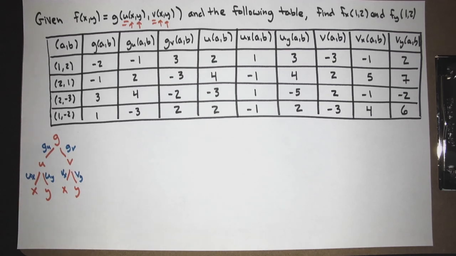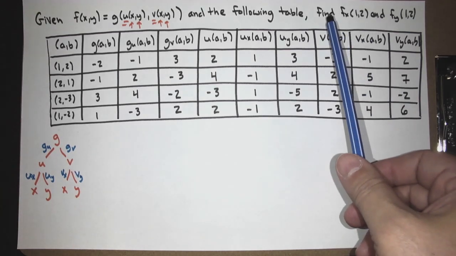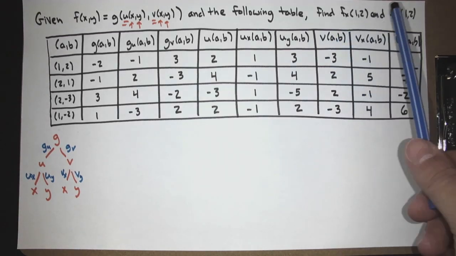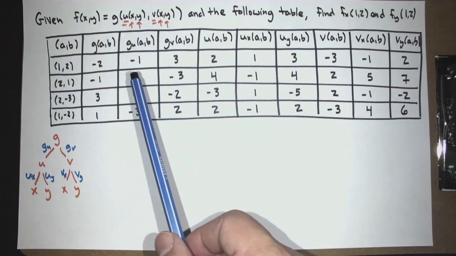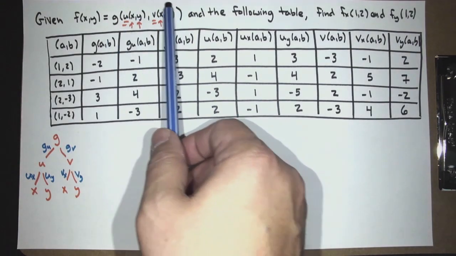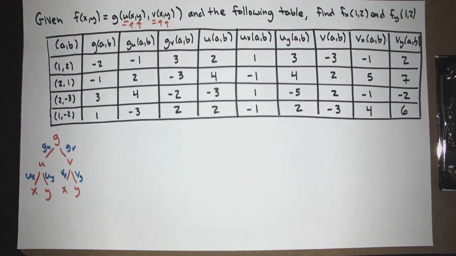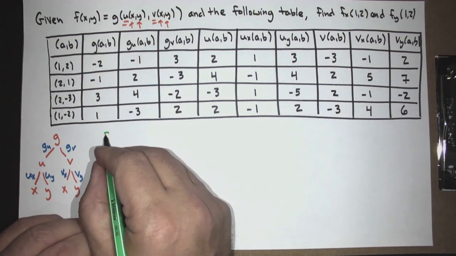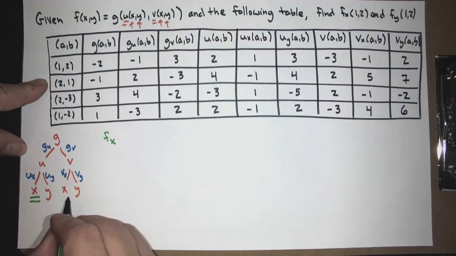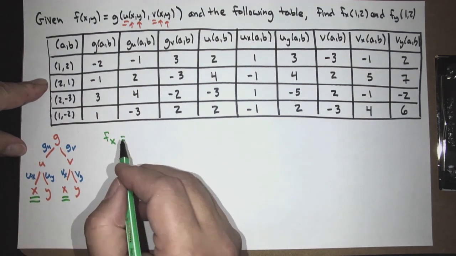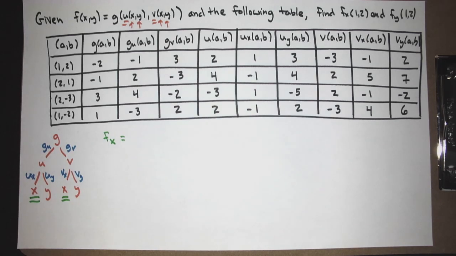Now, what are we after? We're after f sub x and f sub y. So we're trying to take the derivative of this with respect to x. So if I want to find f sub x, I go to this structure and look for the x's. I see there are two of them, so that says I'm going to have two terms.